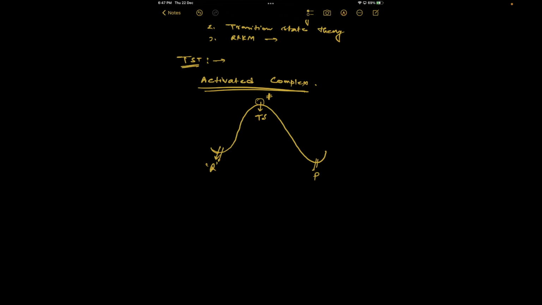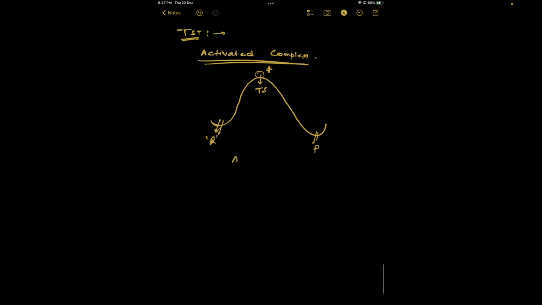This we call the transition state. Okay, now from reactant molecules A, it will form the transition state, which will be just A double dagger. Then from the transition state or activated complex, the product molecules are forming. Now in the TST theory, it is assumed that the reactant molecules and the transition state complex or activated complex are in equilibrium.